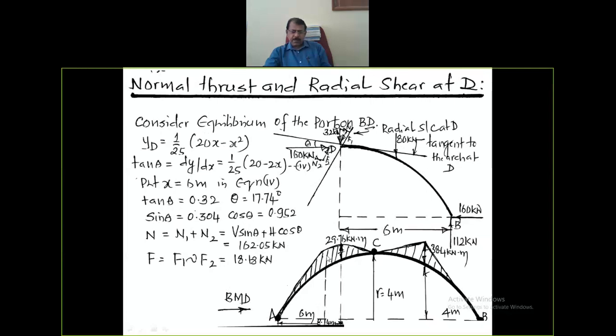It is a positive bending moment. Its value is marked above the arch axis. Here, the shape of the bending moment diagram between the points A and C: up to 6 meter from A, it is linear, and from this point to here, it is part of a parabola because of the nature of the loading, which was given in the problem as a uniformly distributed load.